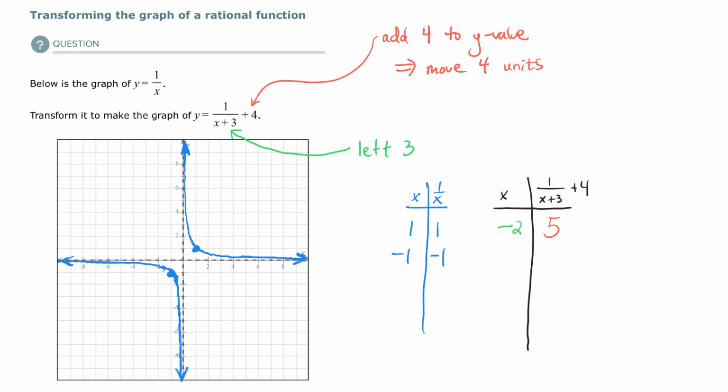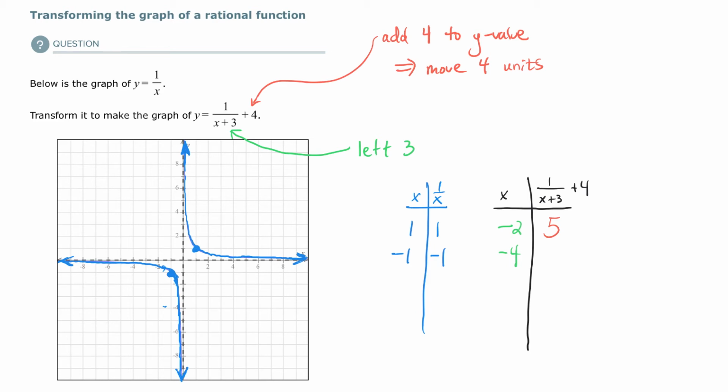So let's go ahead and find. Oops, I'm missing something. Okay, we've got to go left 3 units. So I'll be at -4. No problem. And then from that y position, we've got to go up 4.